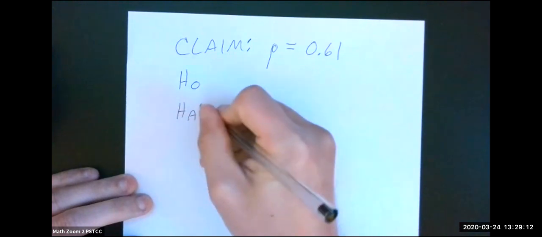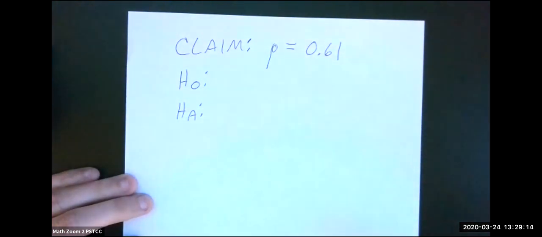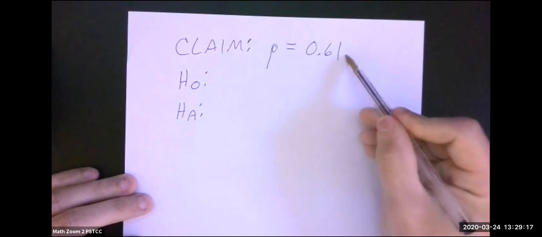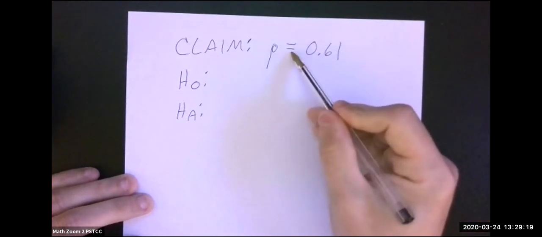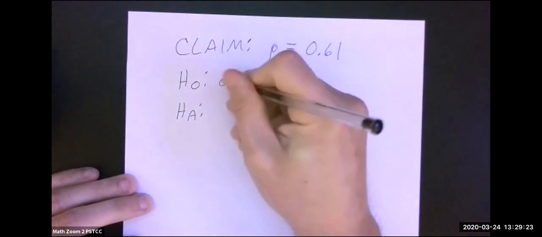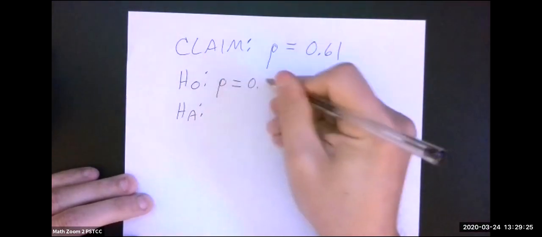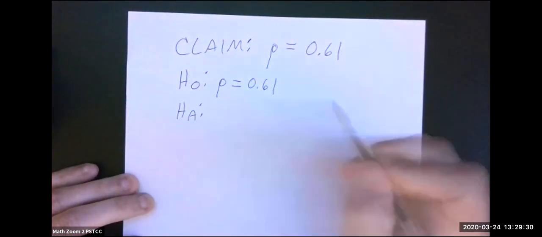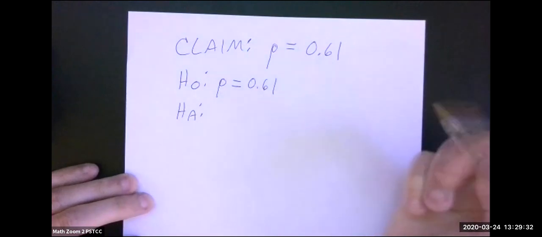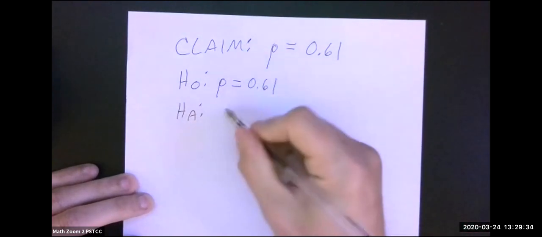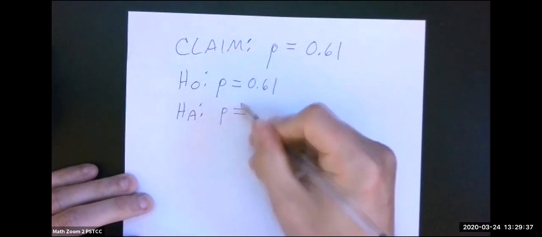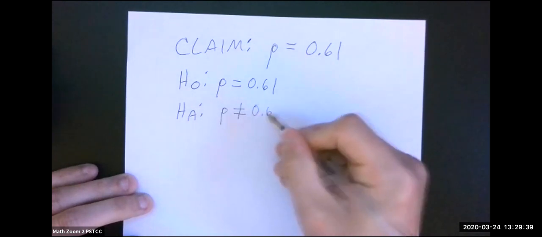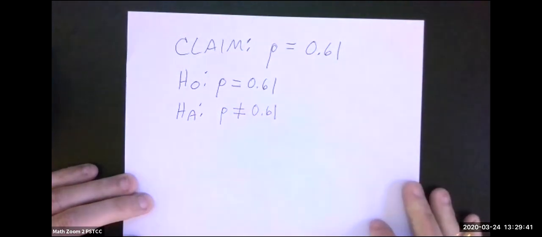Null hypothesis, alternative hypothesis. If we look at the claim, it does contain equality, so the claim will go in the null hypothesis. The alternative hypothesis is the complement to the null, or opposite. So either it's equal to, or it is not equal to.